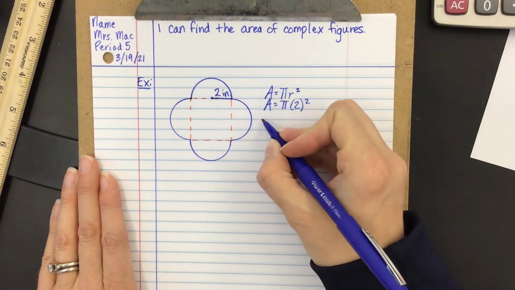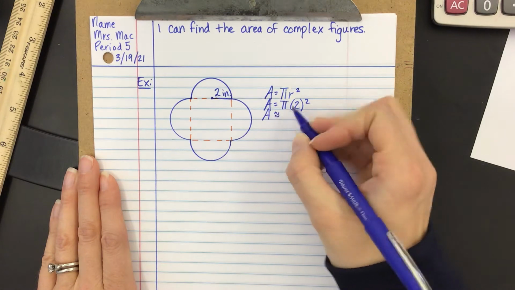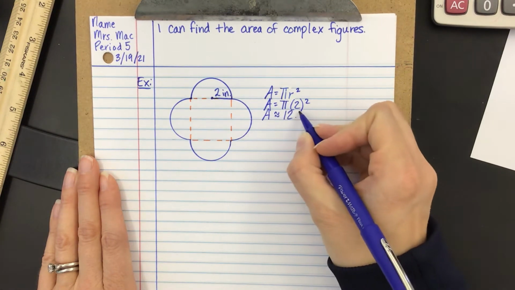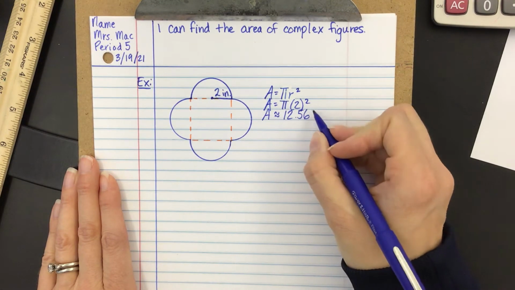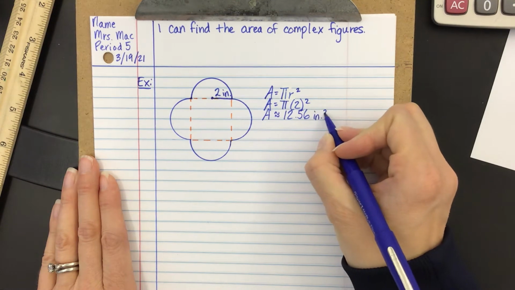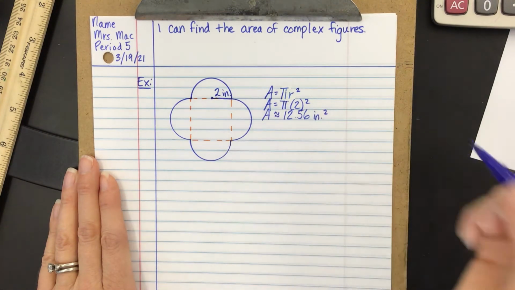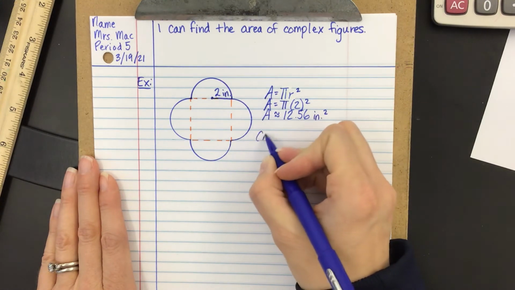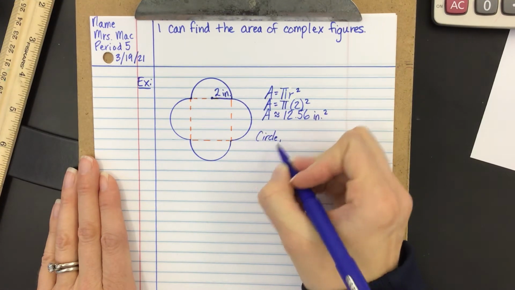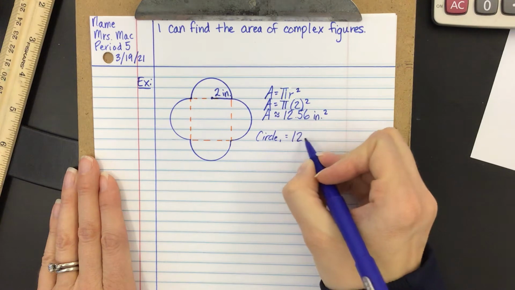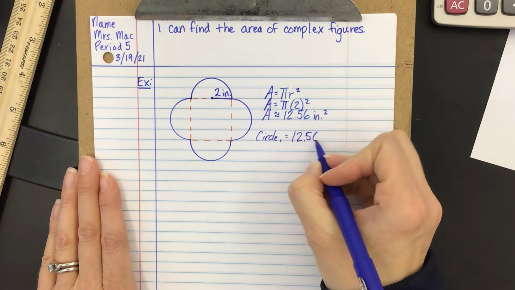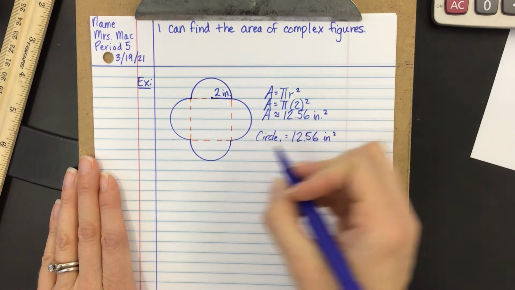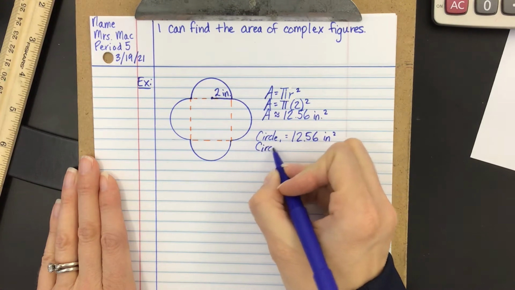Okay, so the approximate area of one circle is 12.56 inches squared. And we're going to keep a running total here. So we have circle 1 is 12.56 inches squared. Circle 2 is the same.